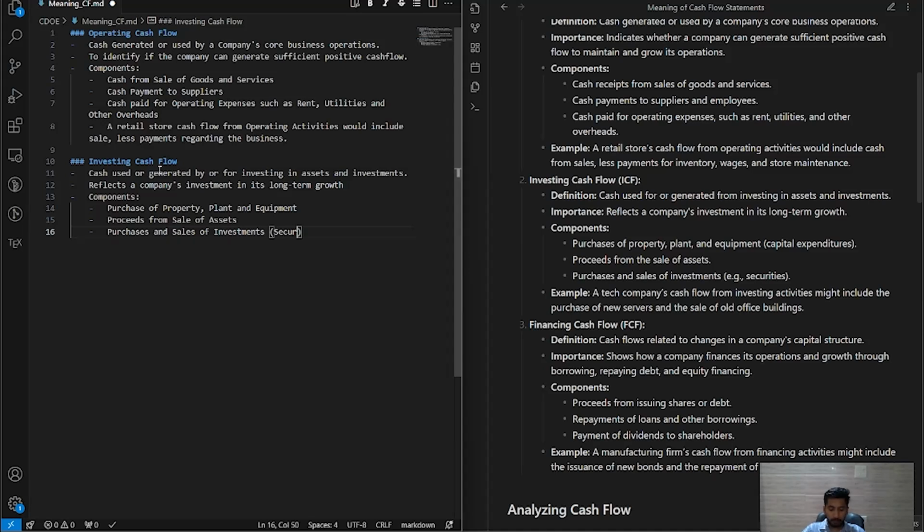Investments here means securities. So if a company is purchasing shares, that means it is a part of the investing cash flow.